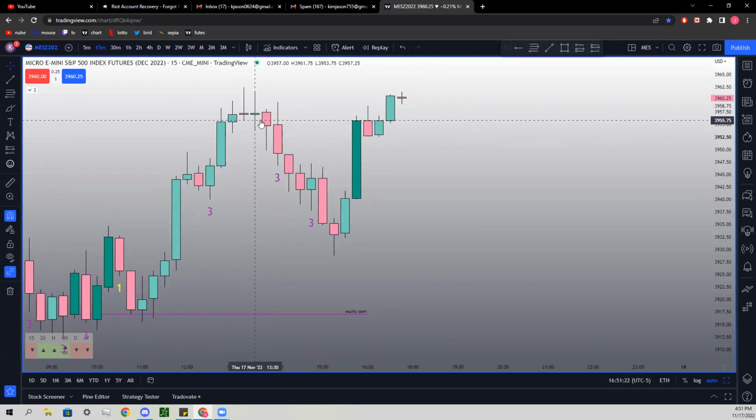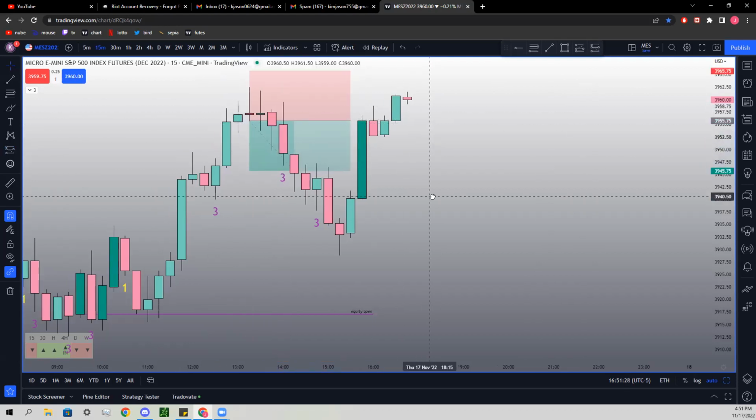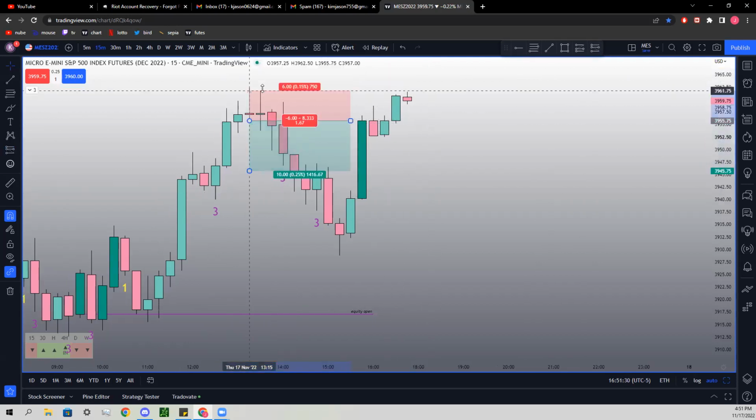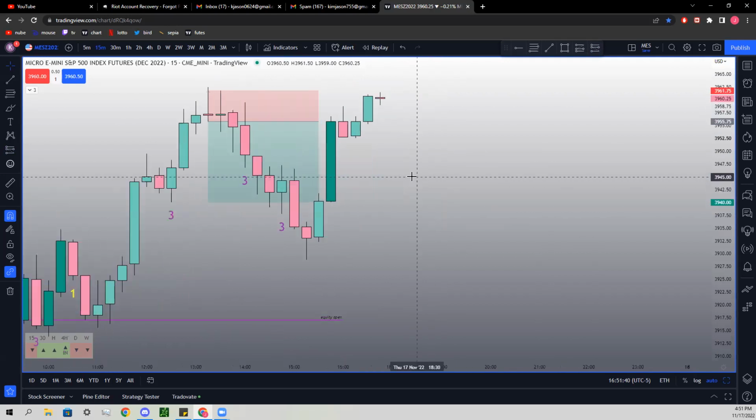I was going to mess around with taking the short here. The stop is the top of that candle, and then my target is that one. Is that a valid way to 3-2-2 that?